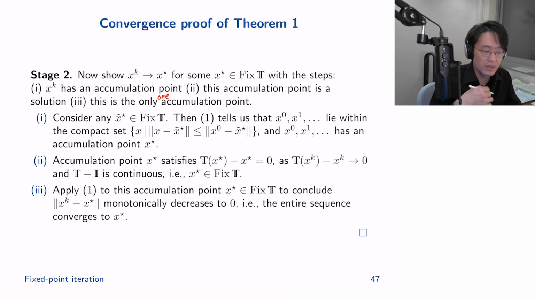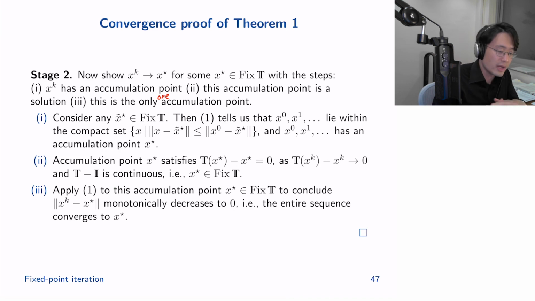Our sequence xk has a convergent subsequence converging to x star, but on the convergent subsequence, the fixed point residual converges to 0. So at the limit point x star, because T minus I is a continuous operator, it satisfies this fixed point condition.